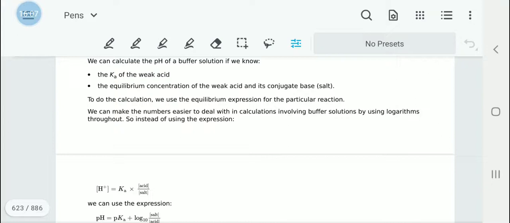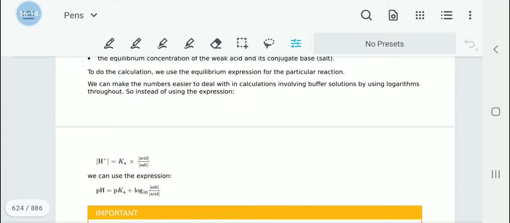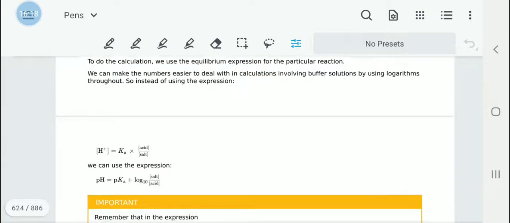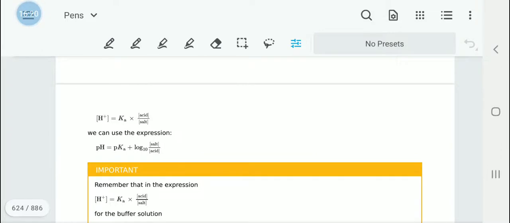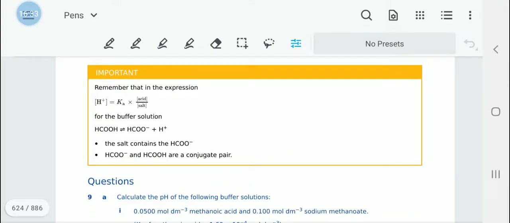Both of them are required. So the H+ ion concentration is Ka multiplied by acid concentration divided by salt concentration, which we can write as pH is equal to pKa plus the logarithm of the salt concentration over acid concentration to the base 10. I hope that makes sense.